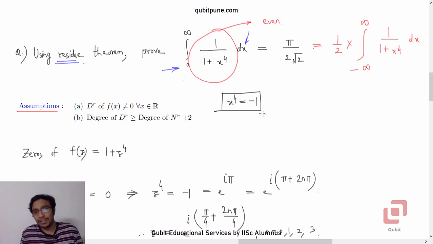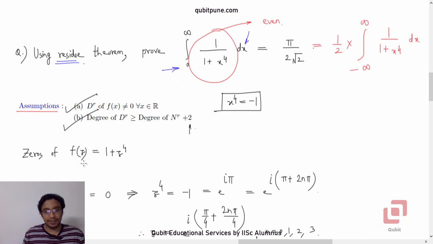But as far as possible, at the very first glance we can say that x to the power 4 plus 1 equal to 0 cannot have any real roots. So the first assumption is satisfied. Degree of the denominator is 4, degree of the numerator is 0, so there is a difference of at least 2 between the 2 degrees. So the assumptions are satisfied.